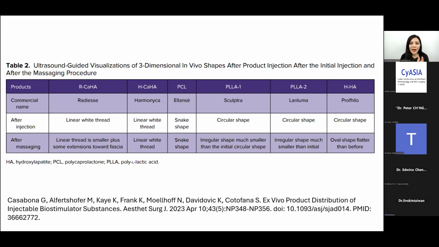But if it's PCL, elongated, it will look like a snake. But with PLLA and Profhilo, you will see a circular shape, which means it's cohesive together, very difficult to break. So that is the nature of each individual biostimulator that acts differently underneath the skin.